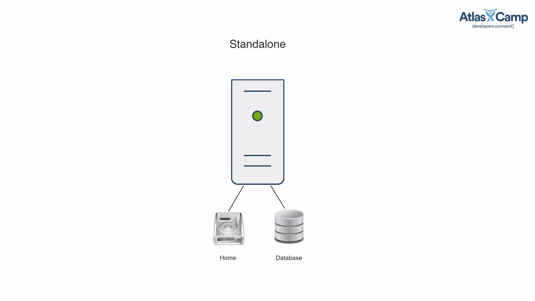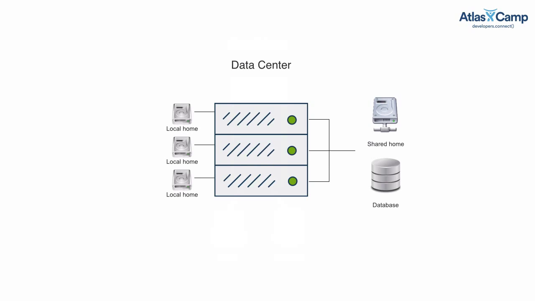So when we move to a data center installation, things are a little bit different, but it still looks familiar. So here you see we've got 3 nodes now. So that means you've got 3 different servers, all running a separate JVM with the application on top of it. We still have the single database, so all of the servers are still connected to the same database.